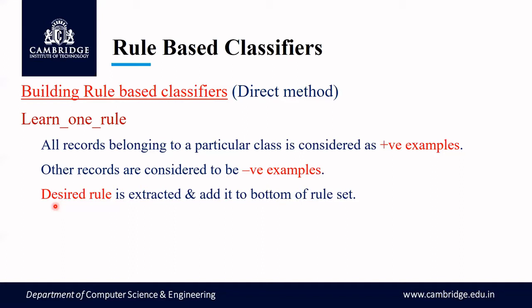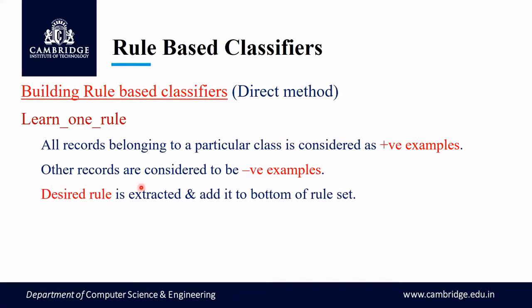When I write a rule, it doesn't mean that the rule I've written should always cover a given class only. There might be a chance that it is not covering a particular record. So the desired rule is the rule which has the capability to cover the maximum of positive examples compared to negative examples.